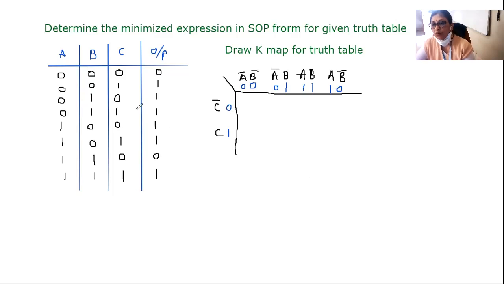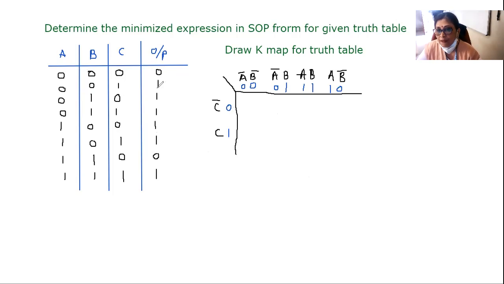Okay. Now, while writing the output values in the K map, you can observe that there are only 2 zeros. So it will be easy to write these 2 zeros, and then you have to write 1 at the remaining place.